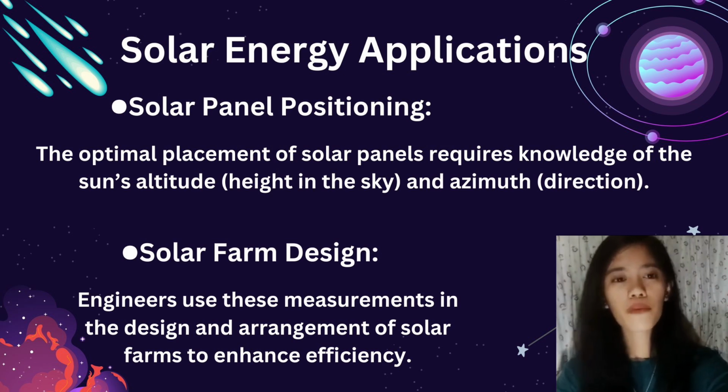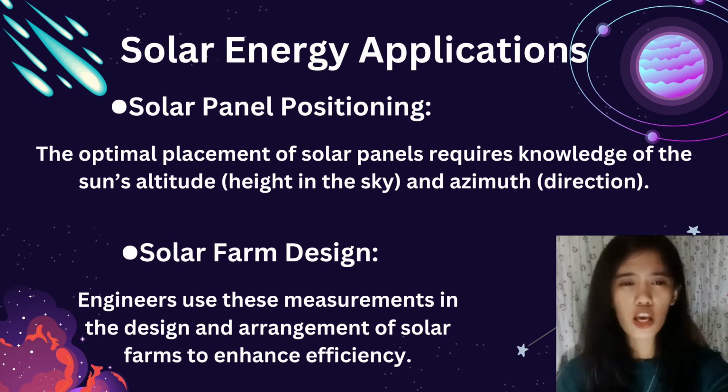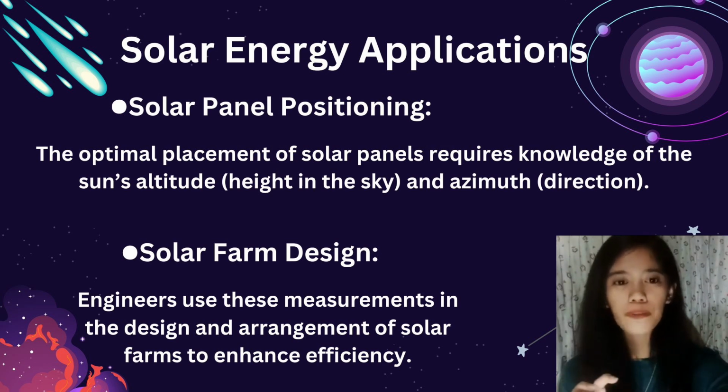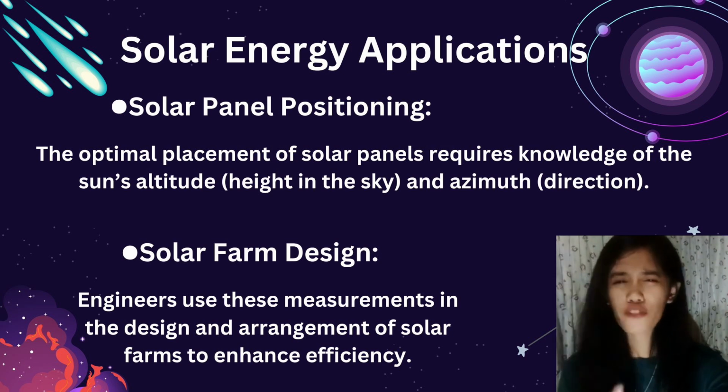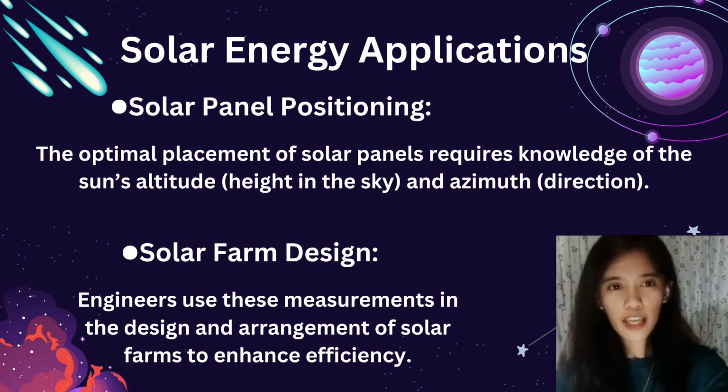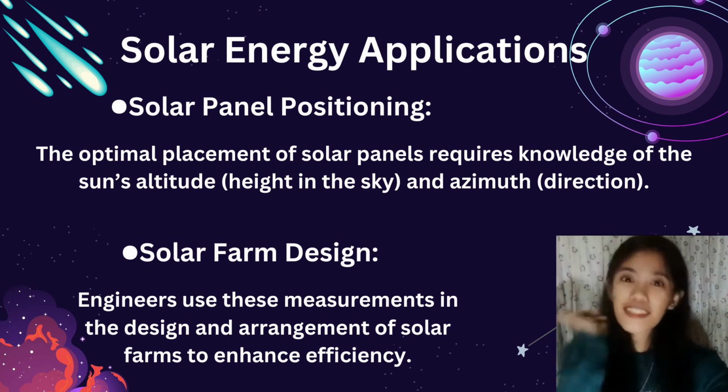So the altitude and azimuth are integral measurements in harnessing solar energy efficiently. They inform the orientation of solar panels throughout the day and across seasons, optimizing solar energy capture and enhancing overall performance of solar energy systems.